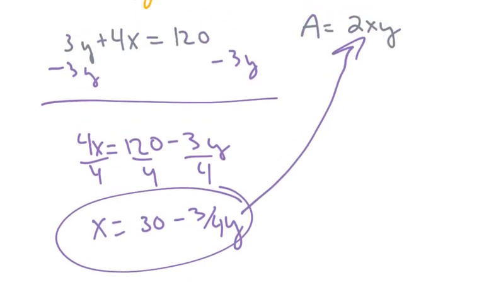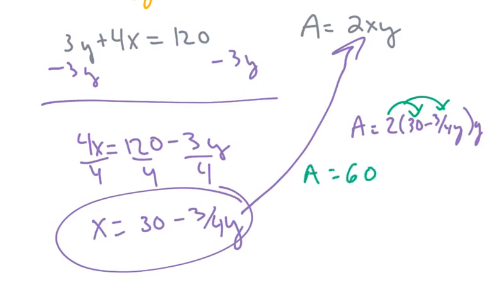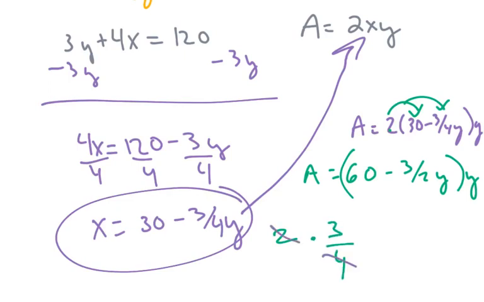So that gives me area equals 2 times (30 minus 3/4 y) times y. And we'll clean this up, so we'll distribute the 2 into both of these, and we'll get area equals 60 minus 3/2 y, times y. And just to be clear here, 2 times 3/4, because the 2 and the 4 are under each other, you can divide.